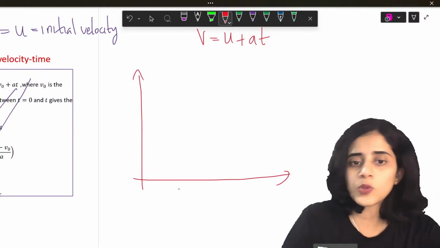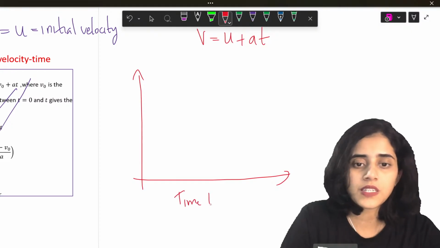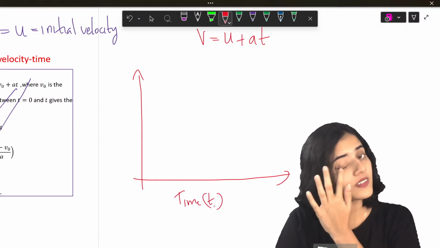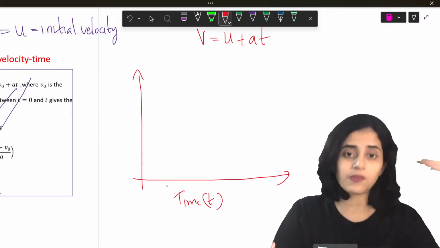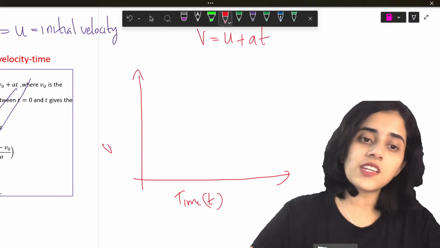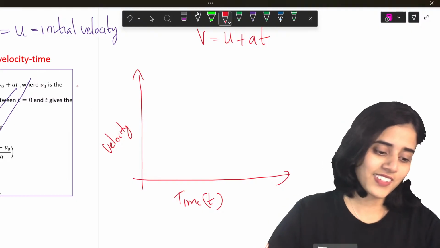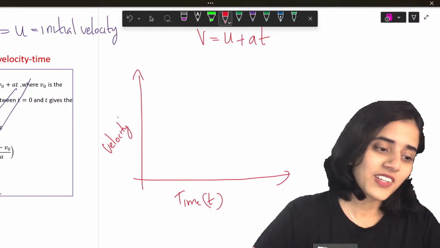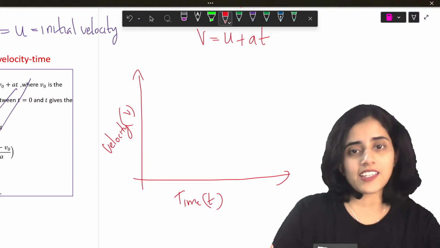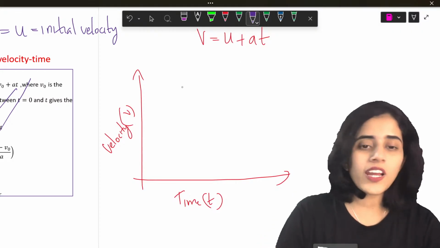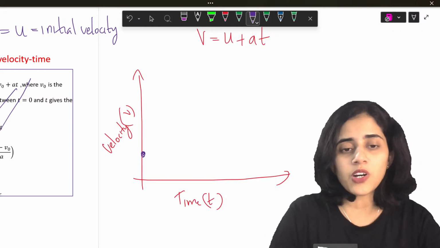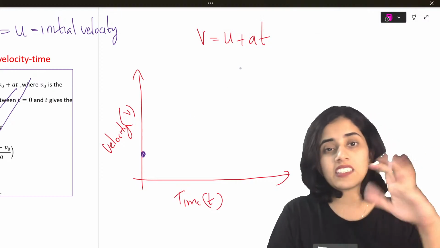On the graph, what do I have? I have time, t, on the x-axis, and velocity, v, on the y-axis. Now I have a body. Let's say it's a red car.